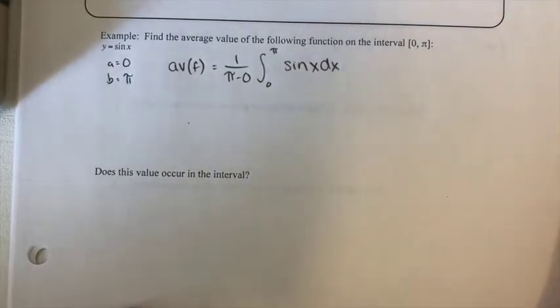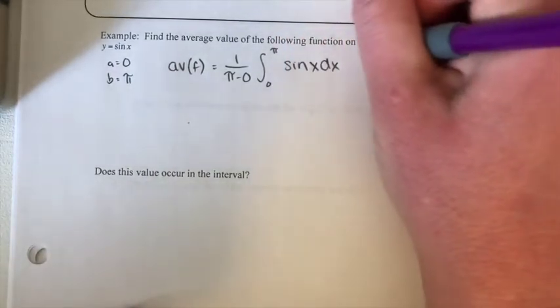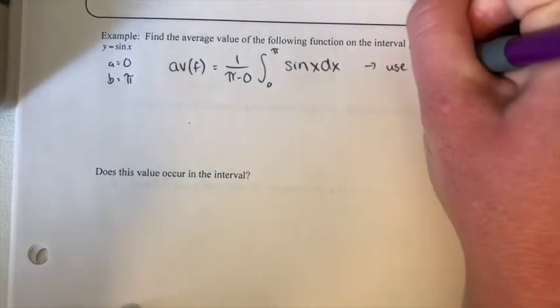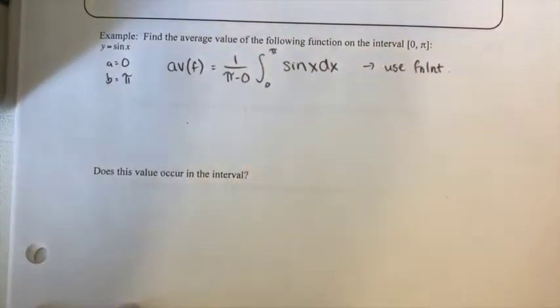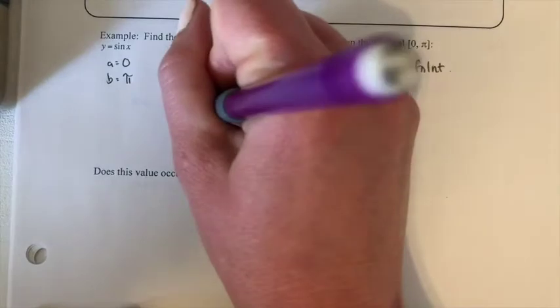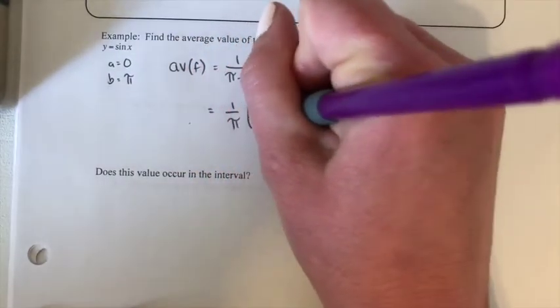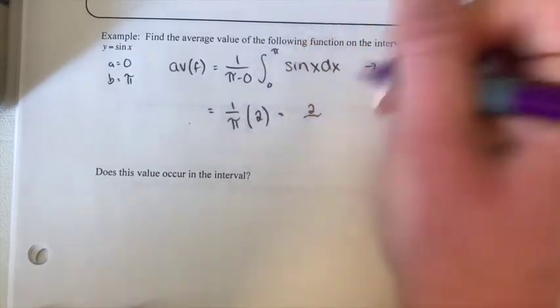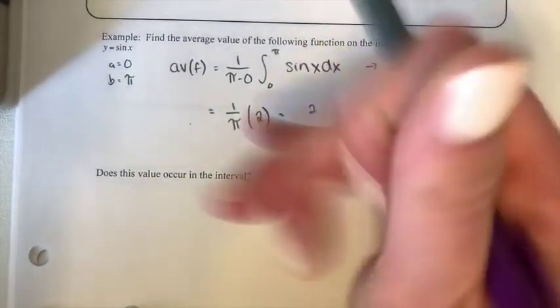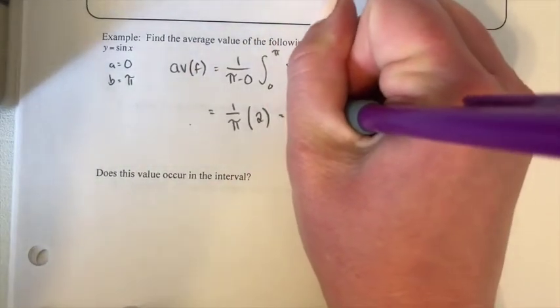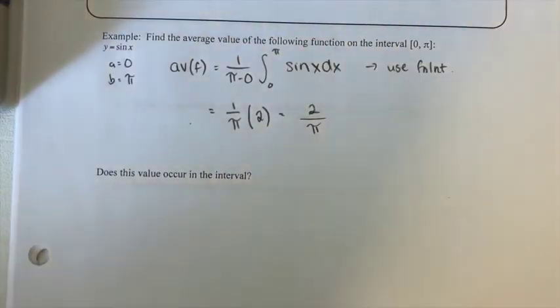In this one again, we're going to use the function of integration in our calculator. So we're going to get 1 over pi times 2. So 2 over pi.